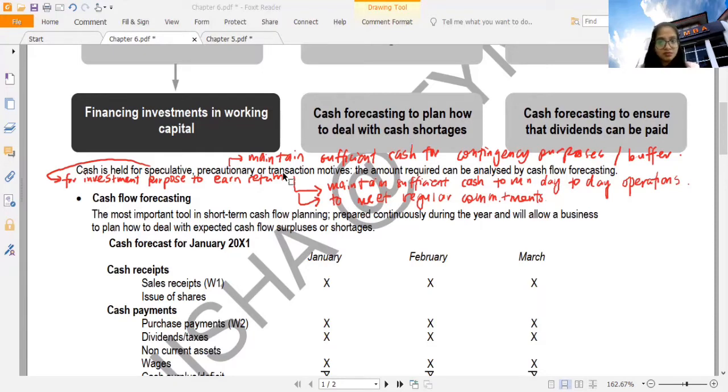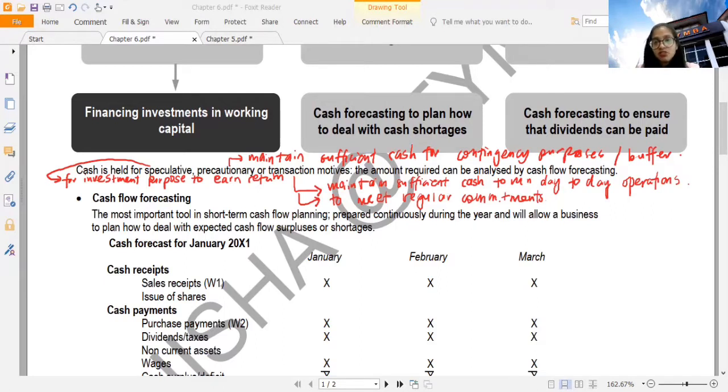All right. Now, when you talk about cash flow forecast, what do you need to be aware of? You need to be aware of how to do it.